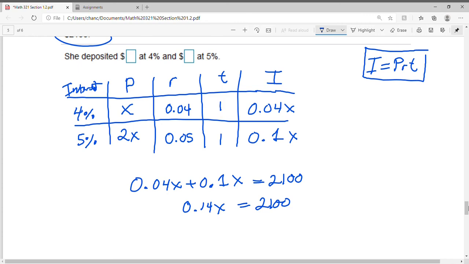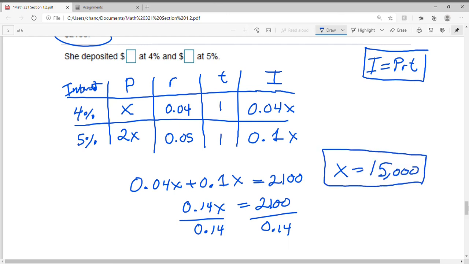Now let's divide both sides by 0.14 to solve for x. That gives me x equals $15,000. So that tells me at 4% she put $15,000.